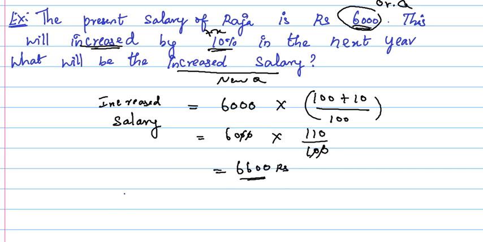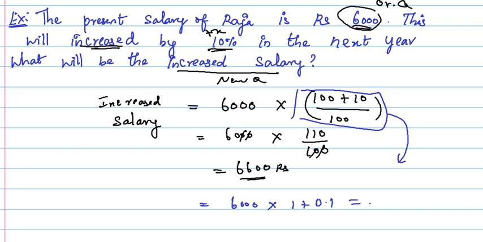Second method: instead of this term, you can replace it with 1 plus the decimal value of 10%, which is 0.1. So 6,000 into, adding these two, 1.1.